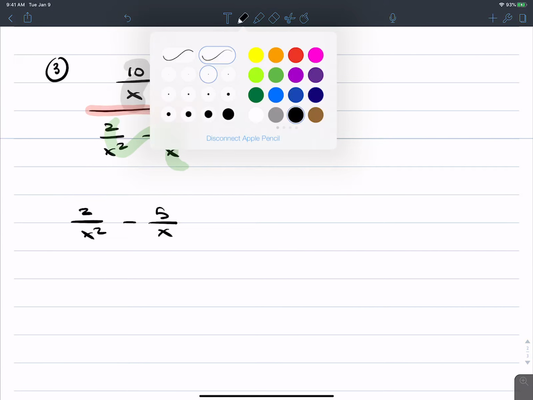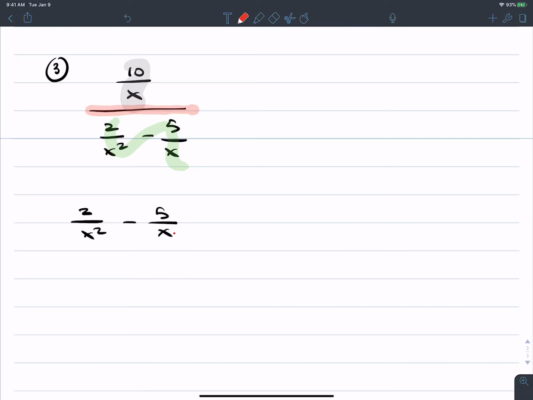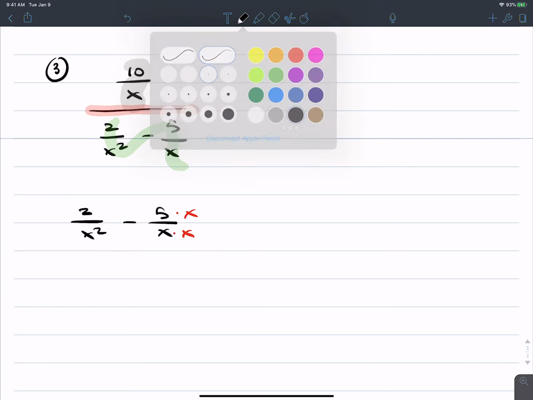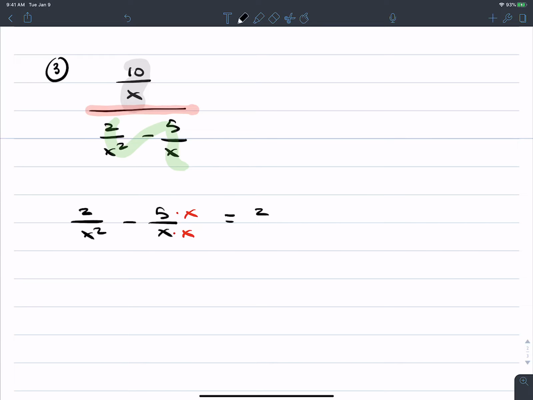In order to get the LCM of x squared, we multiply the second fraction by x, and what this gives us now is 2 over x squared minus 5x over x squared. So that my denominators here are now both the same.